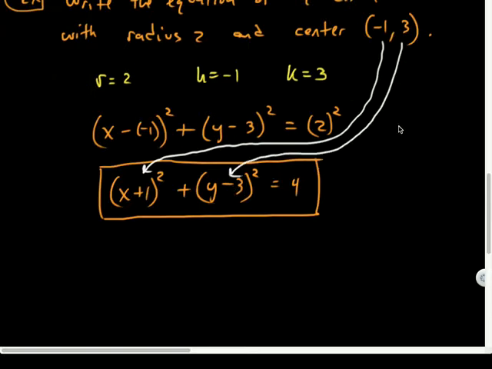Well, I just want to point out that those signs are the opposite of what you would have originally thought. So vice versa, if I gave you the equation of a circle first, you'd have to realize that the center is -1 and +3 in order to get that. And that the radius is not 4, it's the square root of that number.